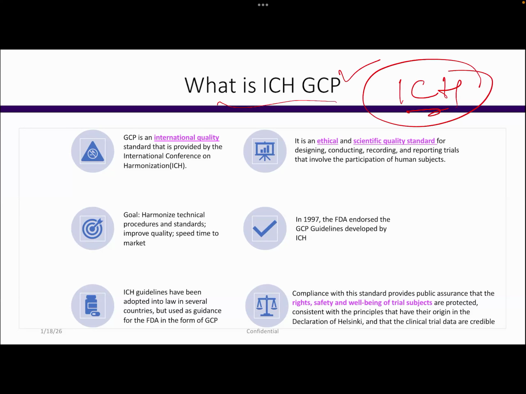Because of that research burden, people thought, let's come together and make international standards. This is to ensure international quality, so that if we do research in one part, the other parts of the world will accept it.